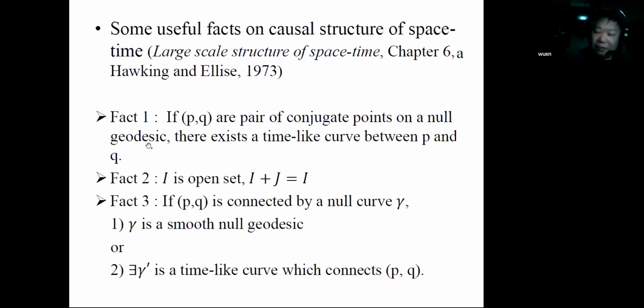Okay. Following, we also need to introduce some very useful facts. In fact, all of them are theorems about the causal structure of spacetimes, and you can find these results in Hawking's very famous book, The Large-Scale Structure of Spacetime, in chapter 6.